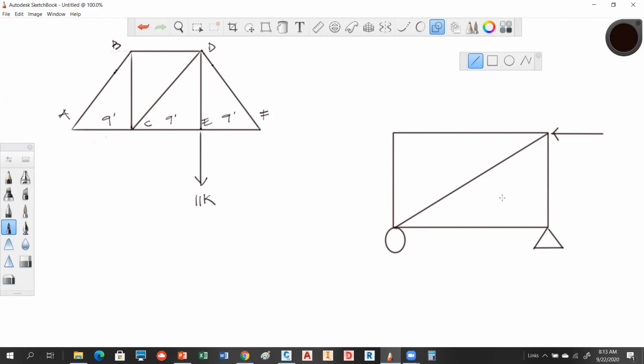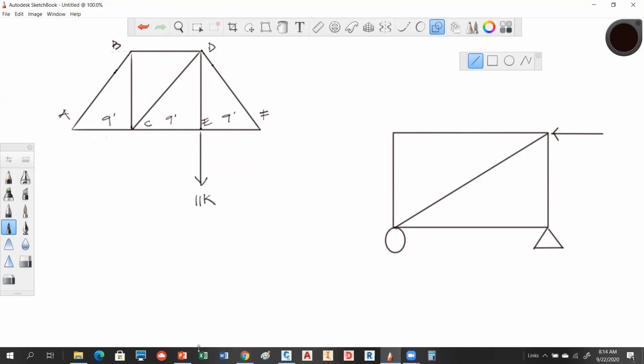So the idea is that trusses are basically just a system of triangles. What we're going to be doing is analyzing what's happening at this joint, this joint, and this joint, and thereby we'll be able to get the reactions at these points. Okay, so we'll come back to this.